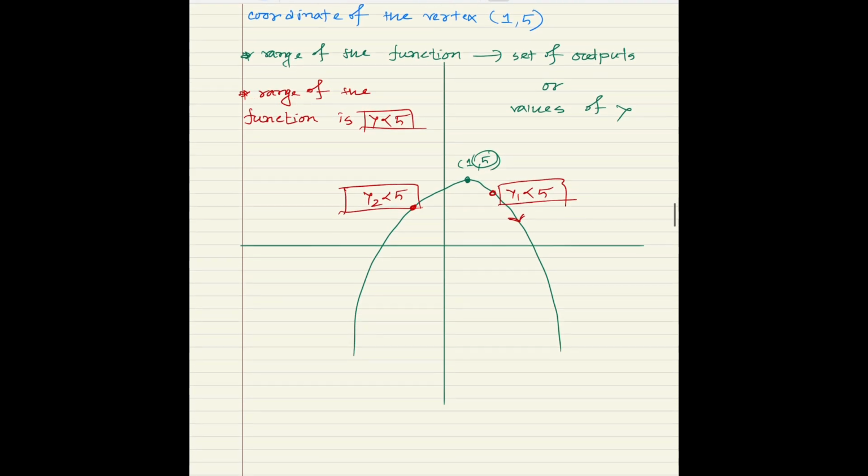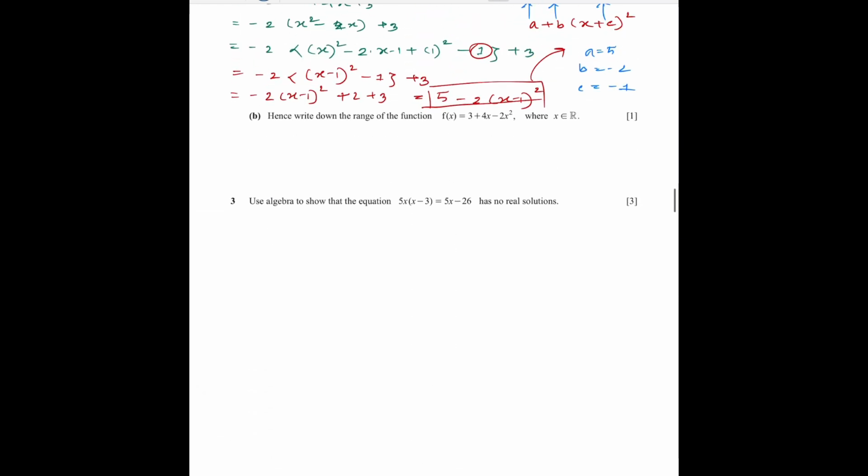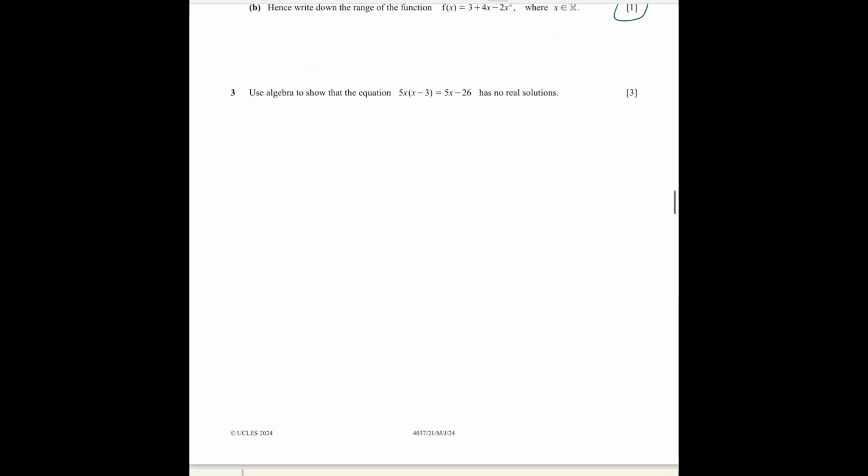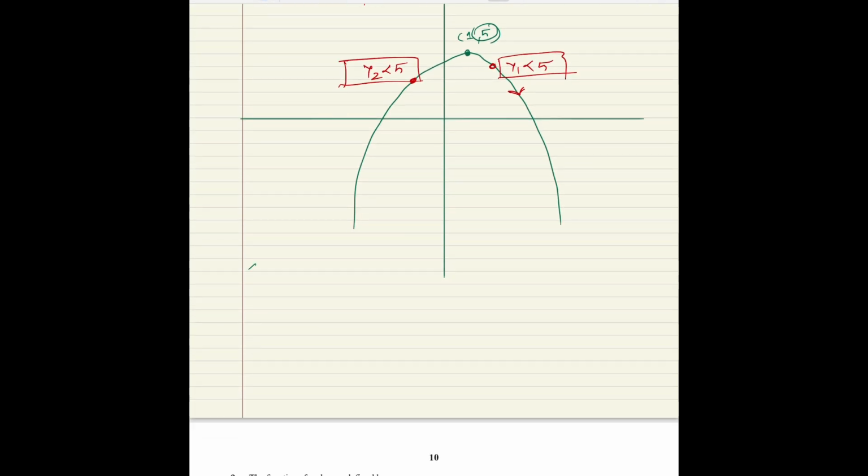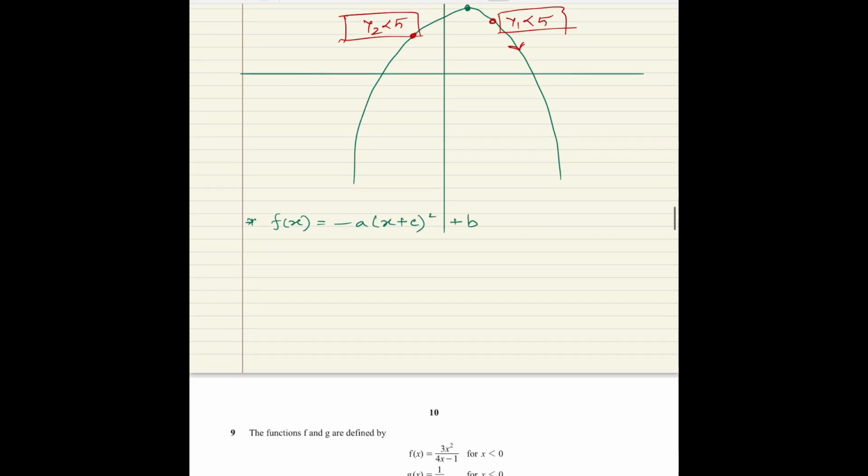Okay, so the shortcut, since you will not be given much space and it carries only 1 mark: if a function is given in the format f of x equals negative a times (x plus c) squared plus b, the range of the function will always be f of x less than or equal to b.